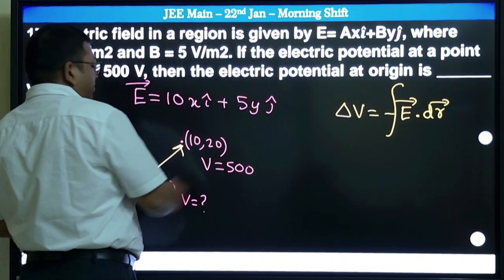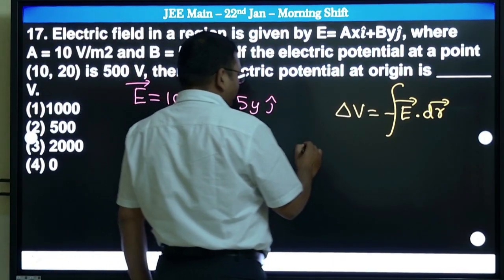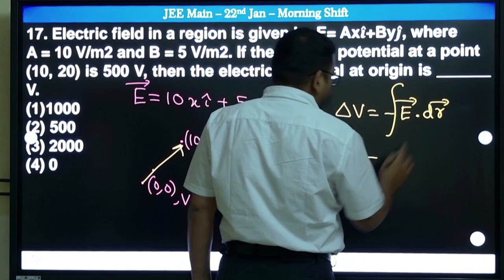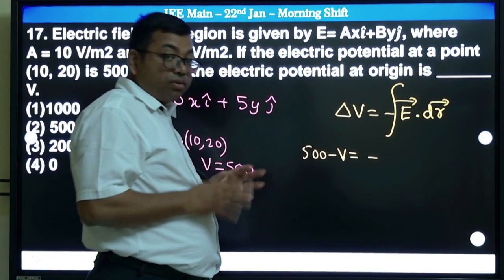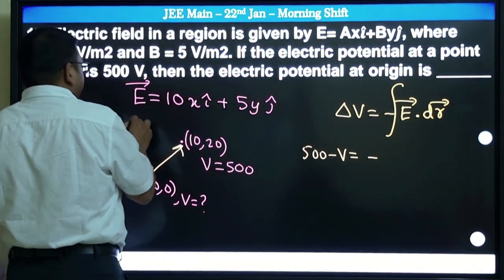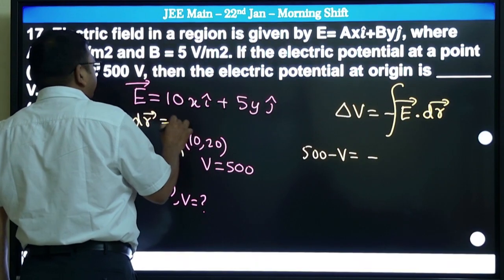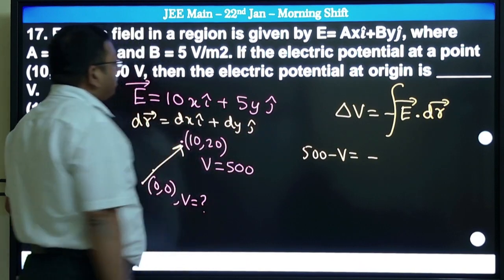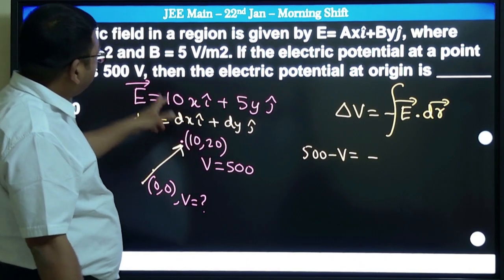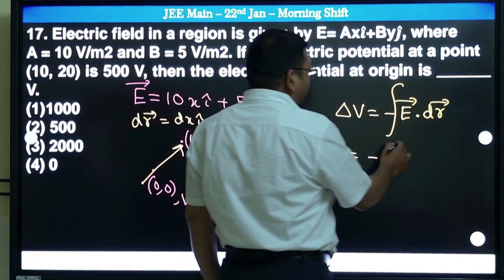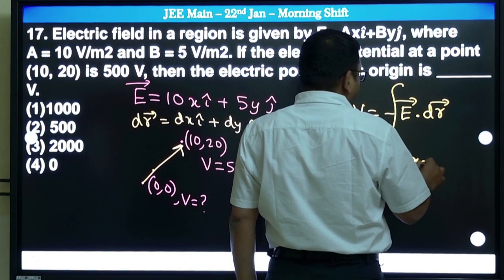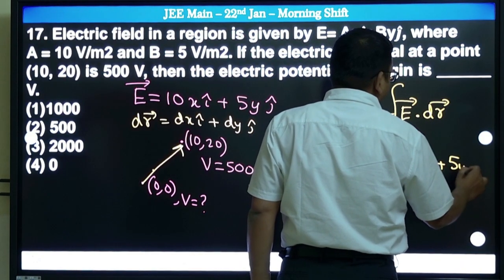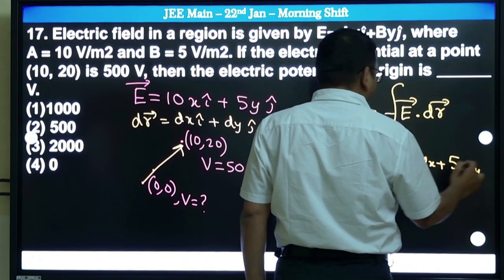And delta V means final minus initial. So I can write this as 500 minus V, that is going to be minus. Now dr vector is dx i cap plus dy j cap. So let us take the dot product and integrate. This will become 10x dx, and this will become 5y dy, right? This you have to integrate.